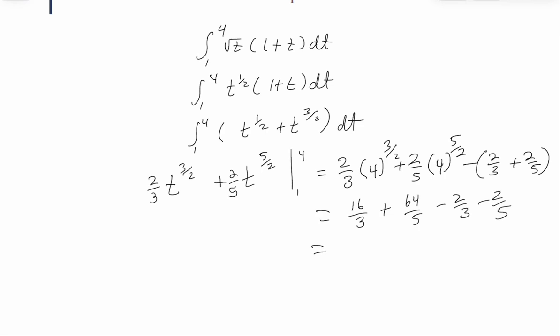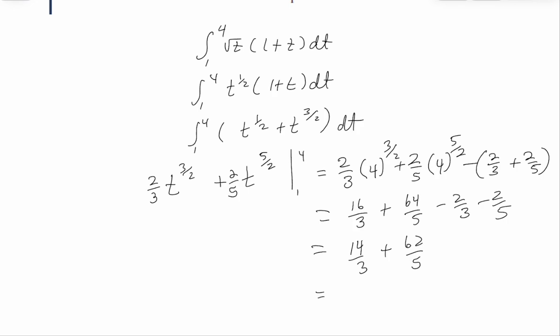So I'm going to put the thirds together and the fifths together just so that I don't have to pull out a calculator right at the moment. That's 14/3 plus 62/5, I'm sorry. So I just combine the thirds and combine the fifths. Now, I want the exact answer. I don't want decimals. I want the fractional equivalents. Keep it fractions.